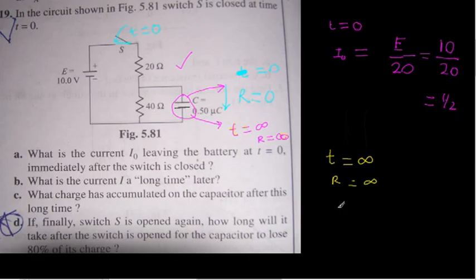The total R equivalent will be equal to R1 plus R2, means 20 plus 40, means total 60.